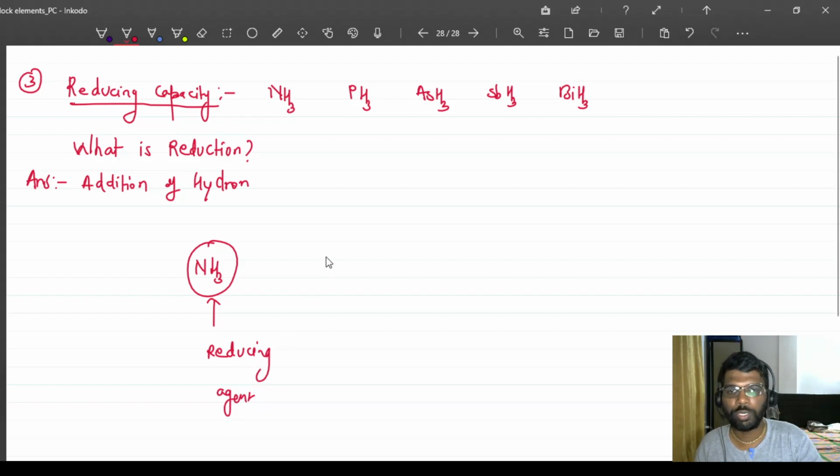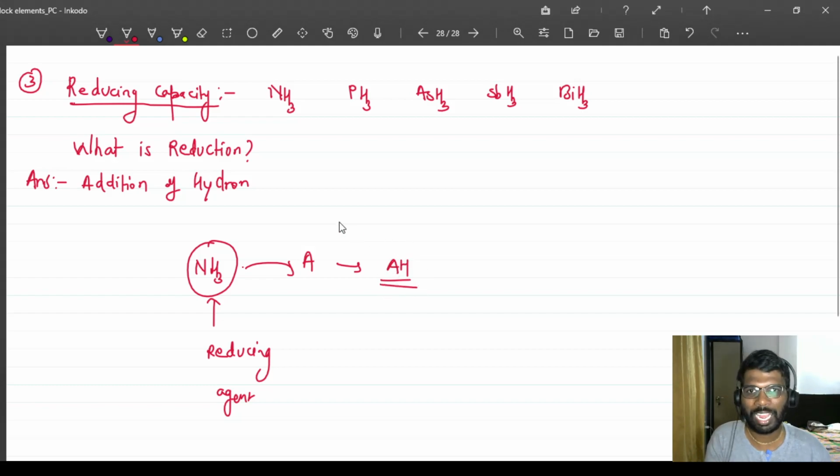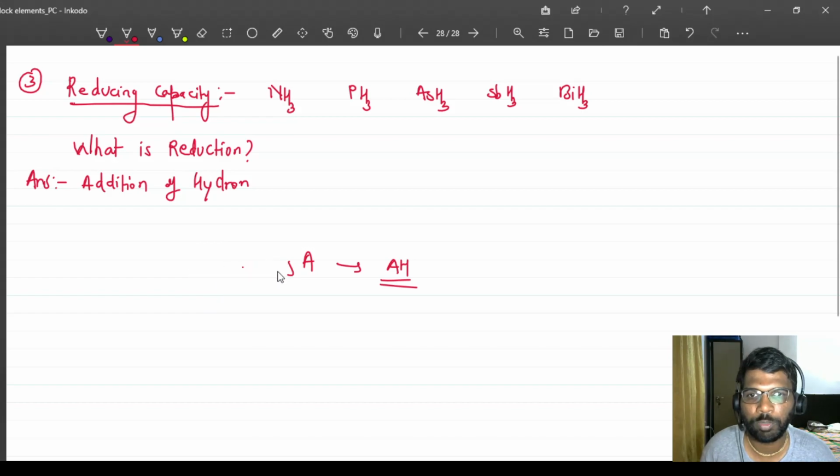Then it should donate its hydrogen to some species A. Then I will say that A is reduced after the formation of AH. But how easily that hydrogen can be released from the molecule NH3 will tell the reducing property. The more easily the hydrogen can be released, the better the reducing agent it is.